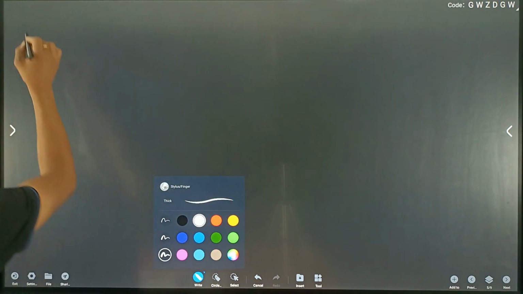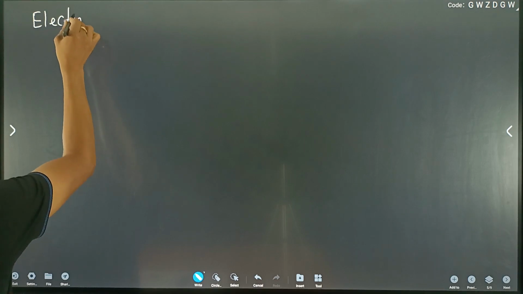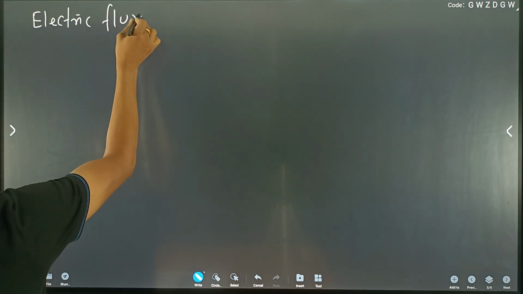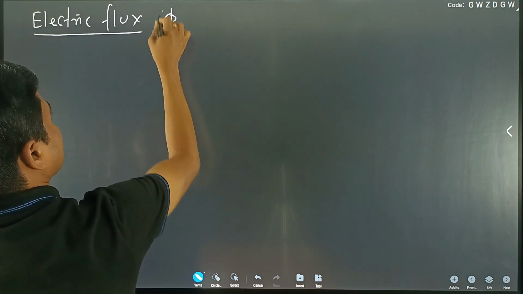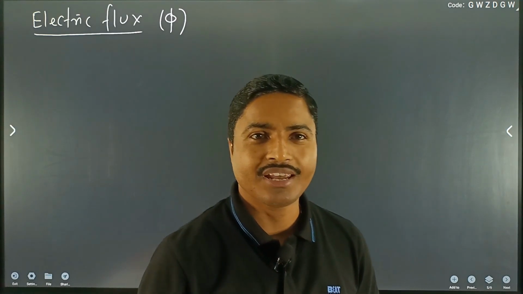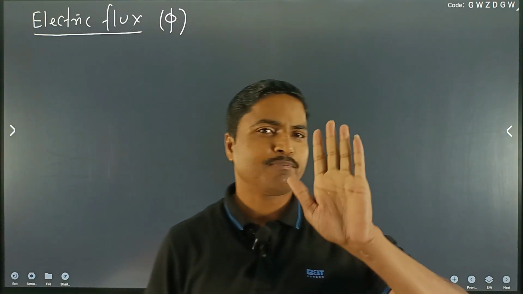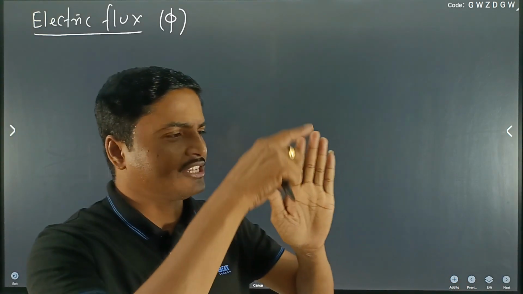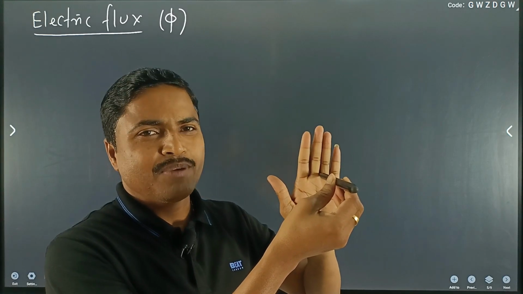Then what is the meaning of electric flux? Main heading, that is electric flux. For electric flux, we use the symbol phi. Phi is the symbol of electric flux. What is electric flux? Suppose we take a plane area just like this. Suppose this one is the plane area, and these are the electric field lines.